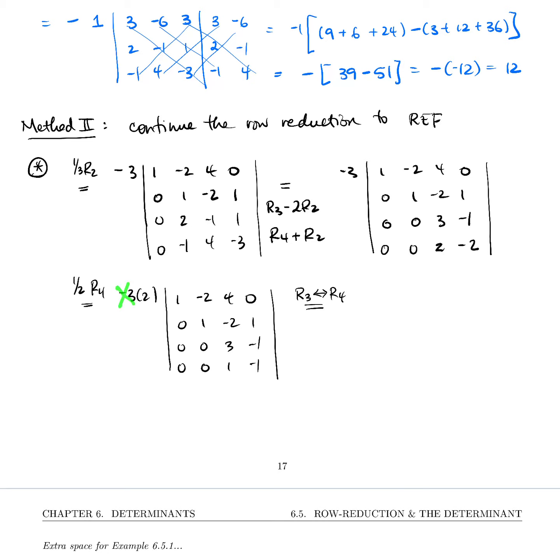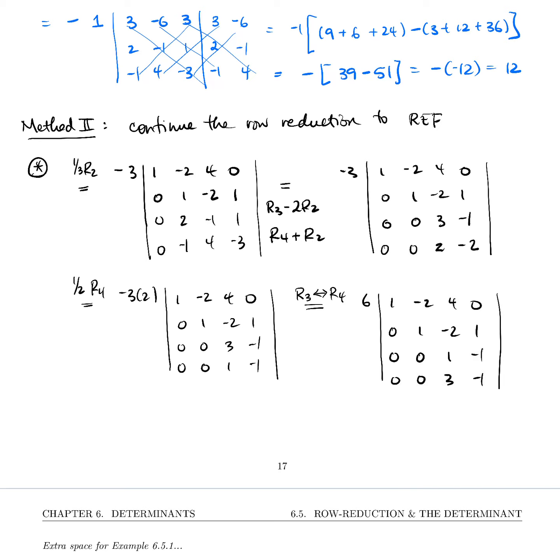So that minus will cross off as I have minus minus. So we end up with 3 times 2 is 6. The minuses have canceled each other out from this interchange, and we have 1, minus 2, 4, 0, 0, 1, minus 2, 1, 0, 0, 1, minus 1, and 0, 0, 3, minus 1.